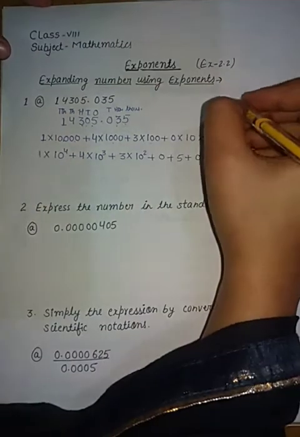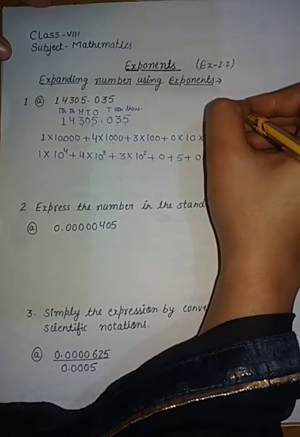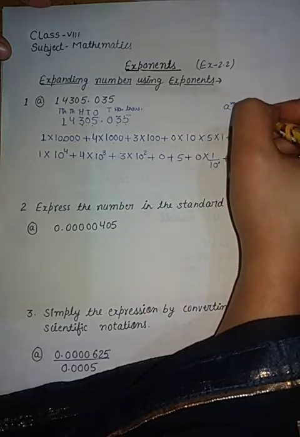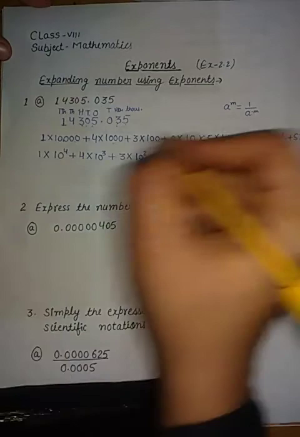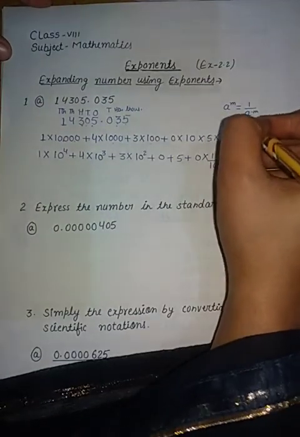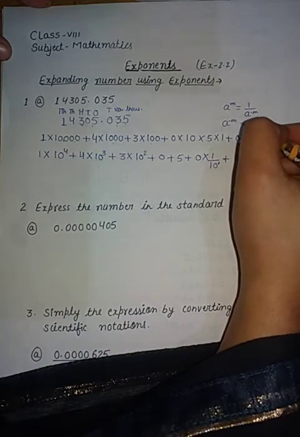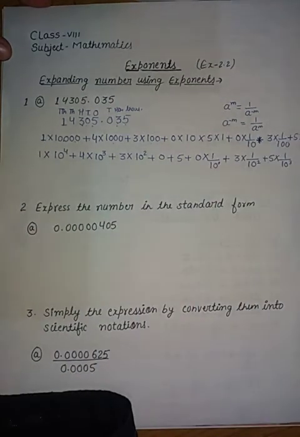I have a law: a to the power minus m is equal to 1 upon a to the power m, and 1 upon a to the power m can be written as a to the power minus m.